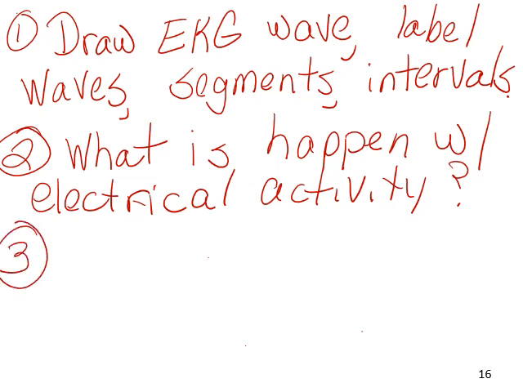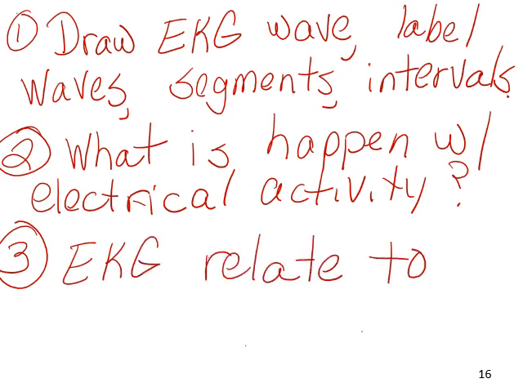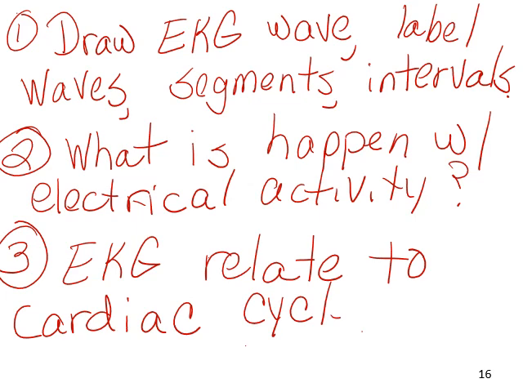And then, how does that EKG relate to the cardiac cycle? If you understand that this particular wave, say the P wave, is showing you that the atria are depolarizing, you know that right about the middle of that, they start to contract.